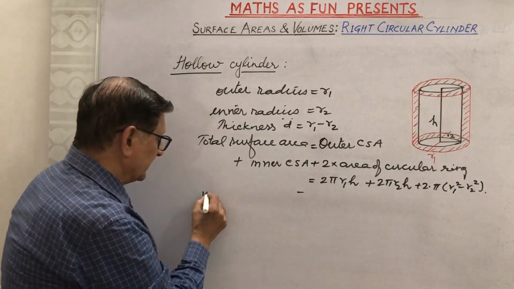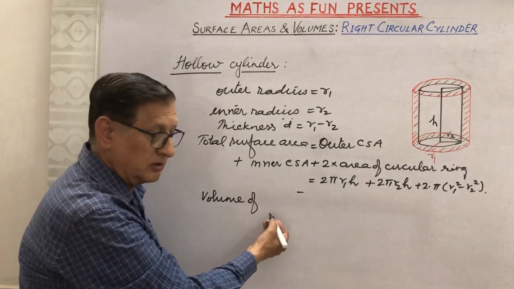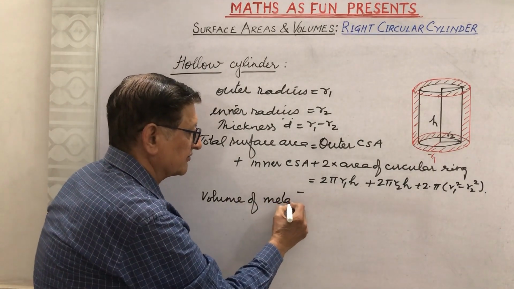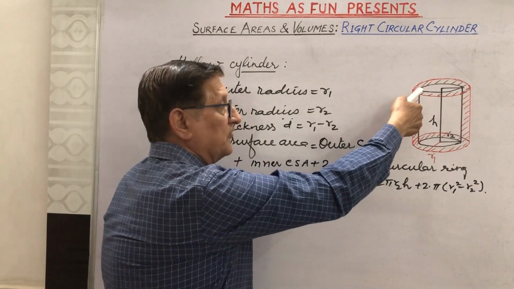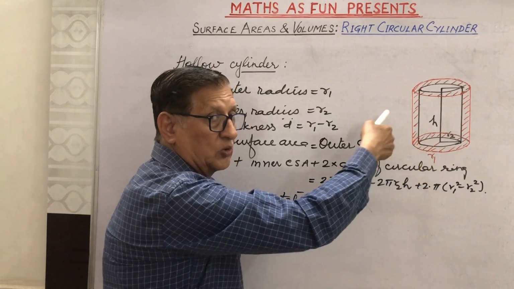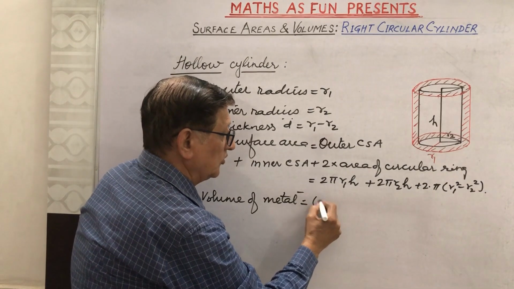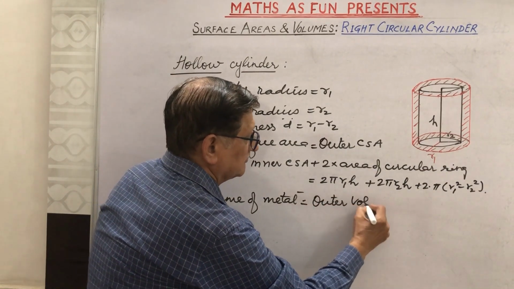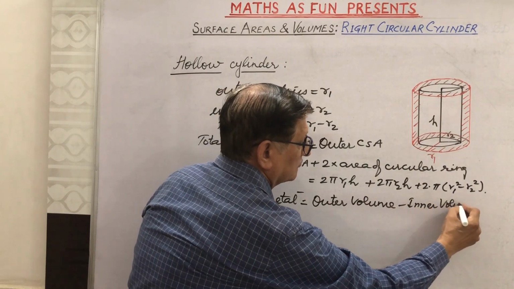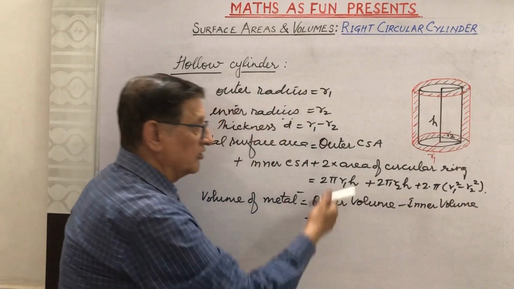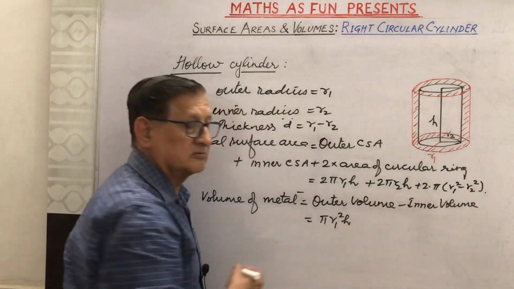In case we want to find out the volume of the material or the metal of which it is made, will that be equal to the difference of the outer and inner volumes? So that is equal to outer volume minus inner volume. Outer volume is pi r1 square h.